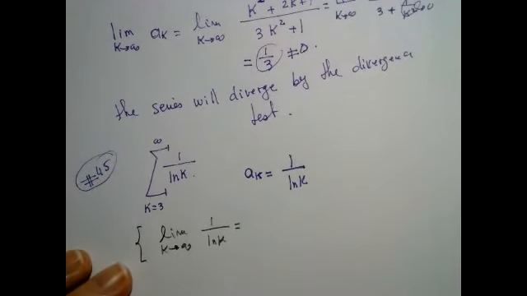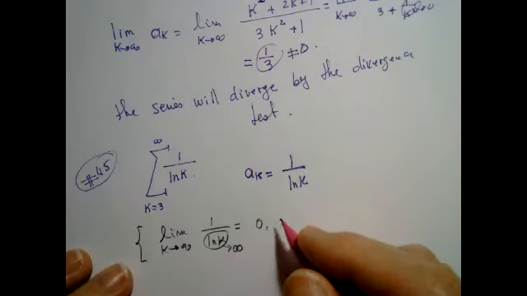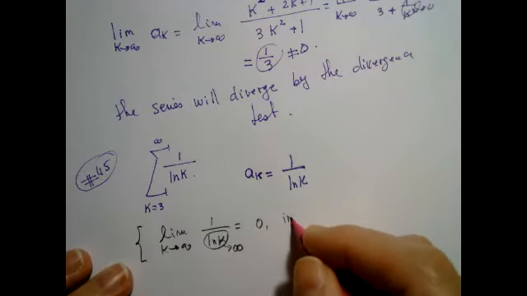What happened to that when k goes to infinity? 0, because ln of k goes to infinity, and 1 over that is equal to 0. So the divergence test is inconclusive.